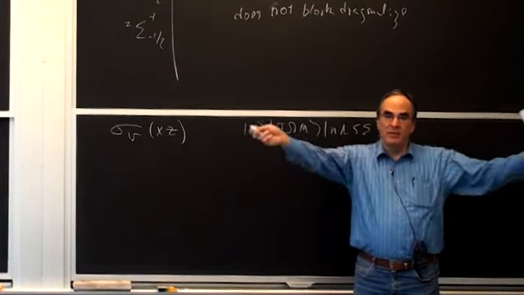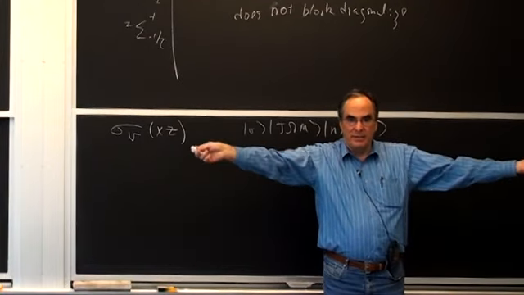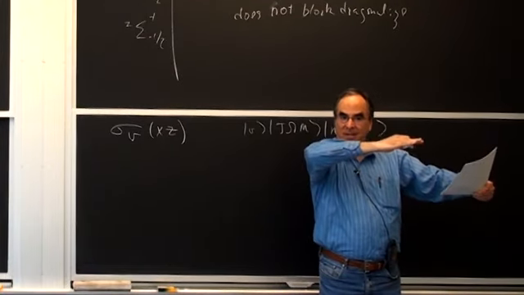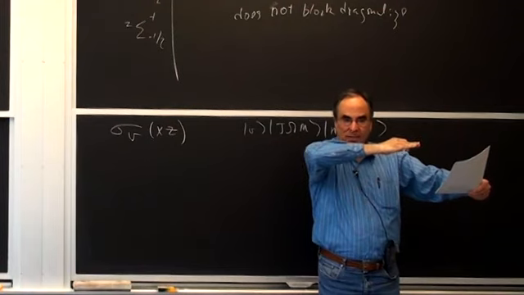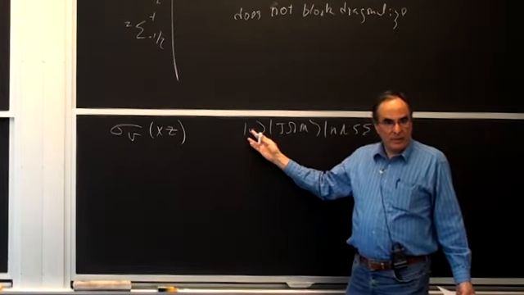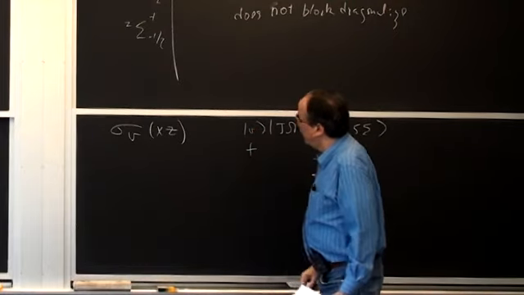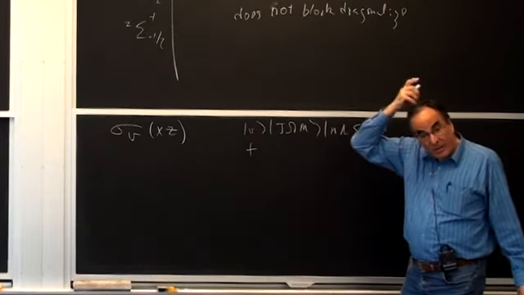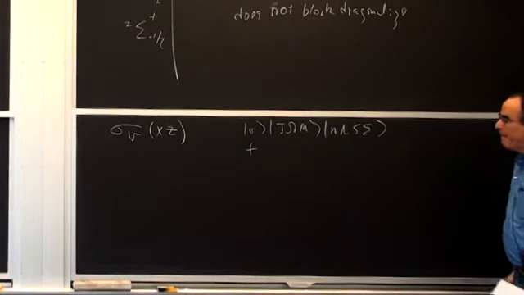Okay, so vibrations. Vibrations are just like this, and reflection in a plane that contains the internuclear axis is clearly not going to do anything to vibrations. So sigma v on the vibrational wave function always gives plus.